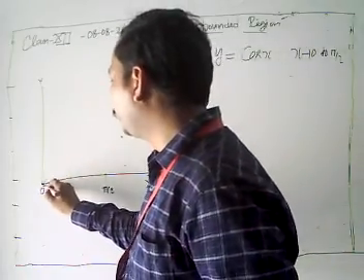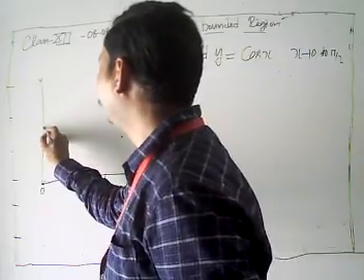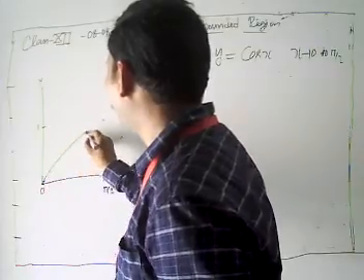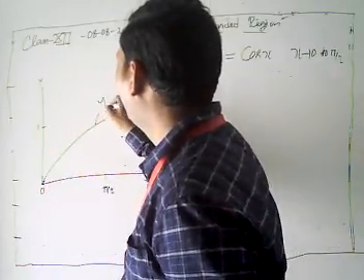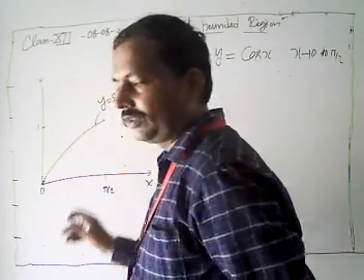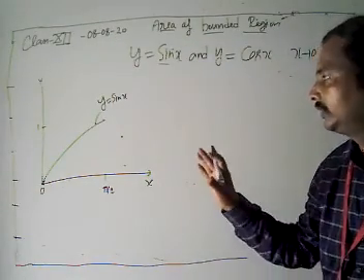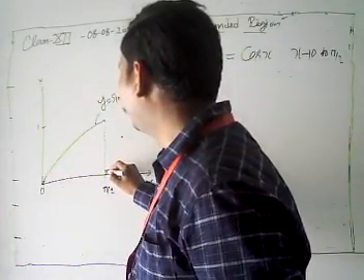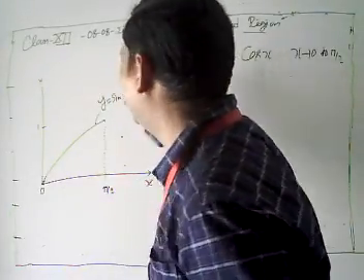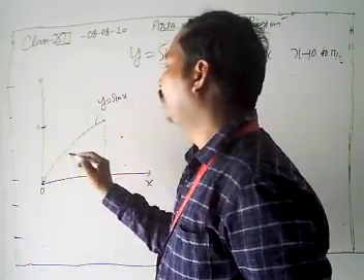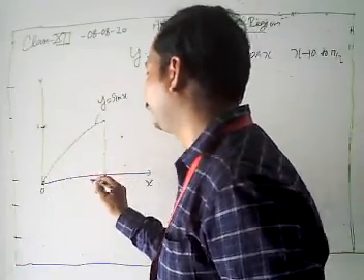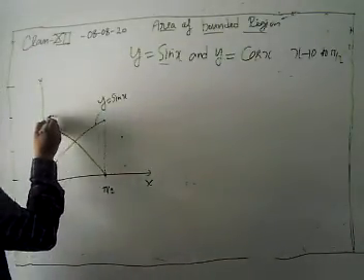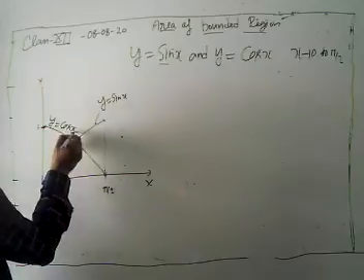At x equal to 0, sin 0 is 0, and at 90 degrees sin is 1. Then from 0 to pi by 2, this is our graph of y equal to sin x. Now y equal to cos x: cos 0 is 1, and cos 90 is 0. So this is our graph of y equal to cos x.